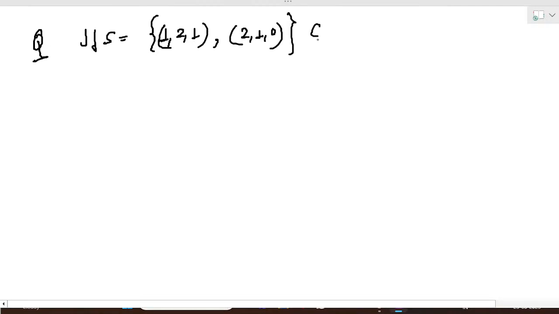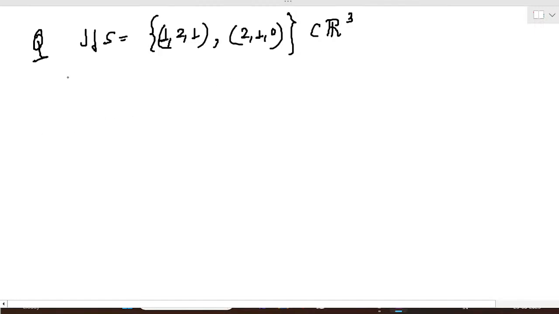I'll give you a question and I'll understand whether you're getting it or not. So let's say S is equal to {(1, 2, 1), (2, 1, 0)}. Indeed, these two elements are a subset of R cube.